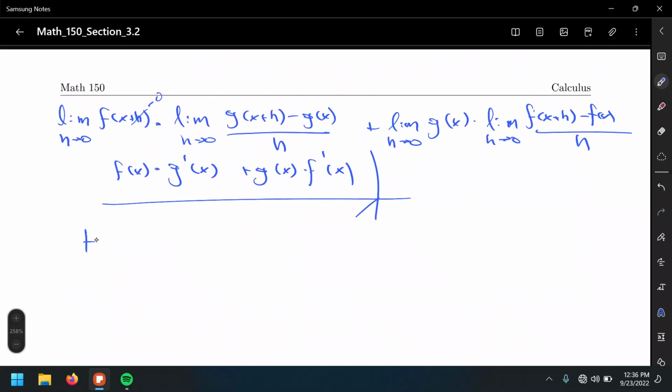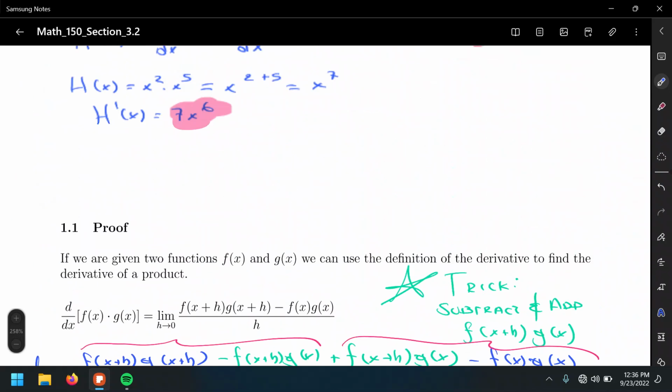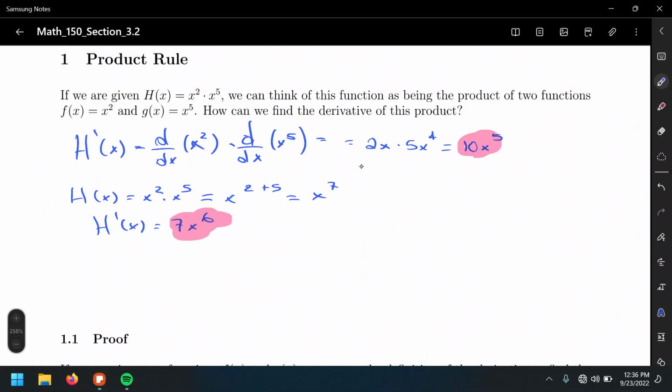So we had h of x equals, it wasn't here, it was here, right? So how about we use the product rule with h of x equals x squared times x to the fifth. And in fact, if you guys see anything like this, don't overkill yourself. Just use the algebra and simplify.